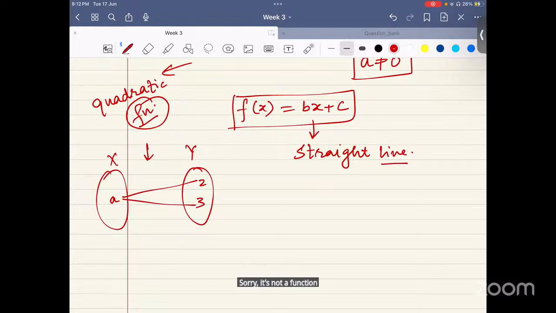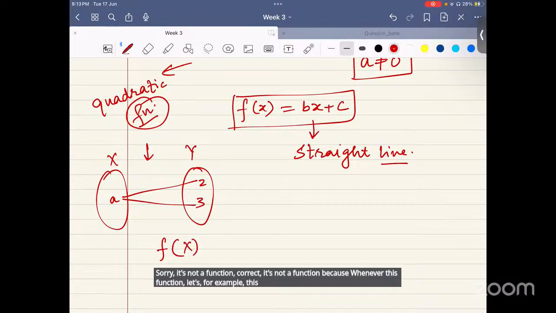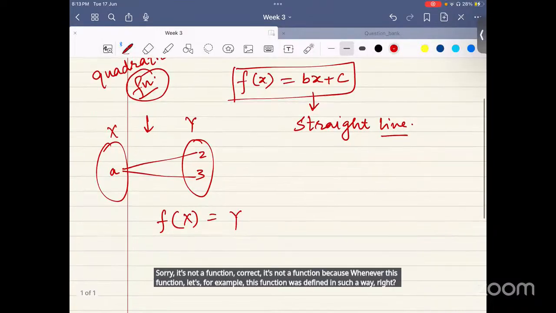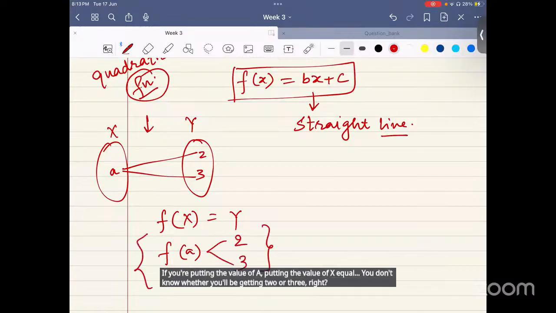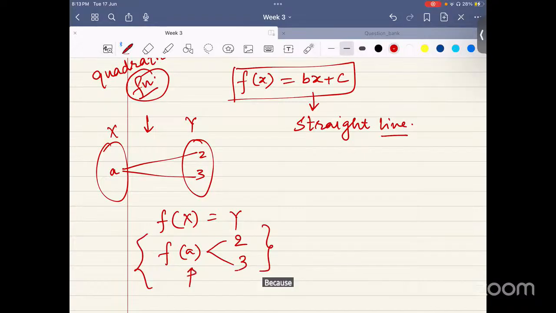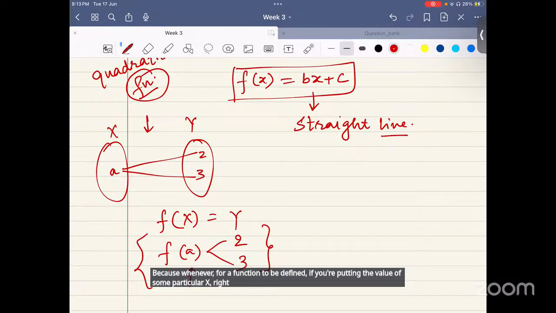It's not a function because, let's for example say this relation was defined in such a way that if you put the value x equals a, you don't know whether you'll get 2 or 3, right? So it can't be a function, because for a function to be defined, if you put the value of some particular x, here a, you should get a unique value. Here you are not getting any unique value.